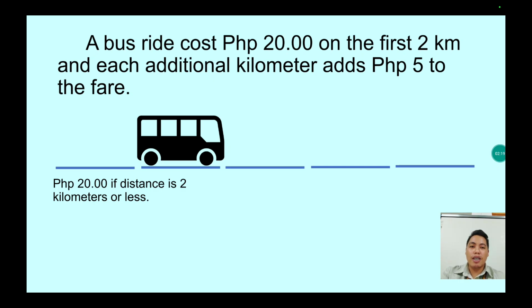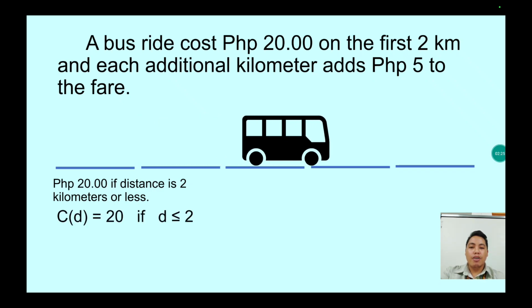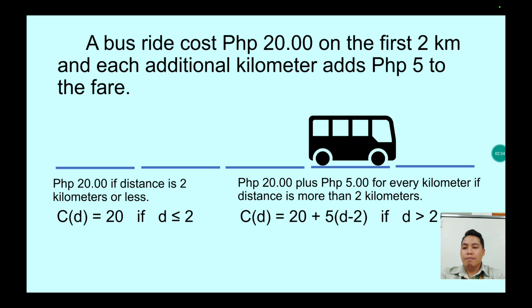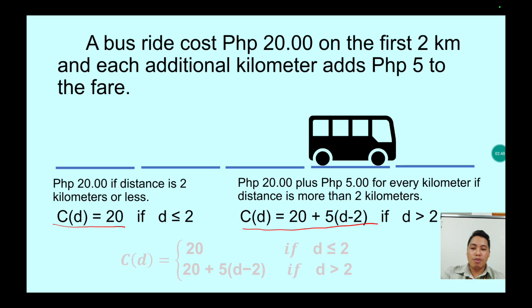But if you exceed this certain distance, like the example shows, 2 kilometers, you're going to pay an additional 5 pesos for each kilometer exceeding 2 kilometers. So observe that the function on the first 2 kilometers is different from the function if the distance exceeds 2 kilometers.